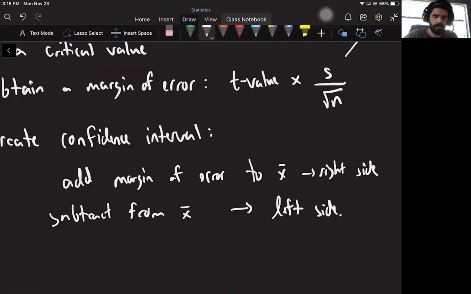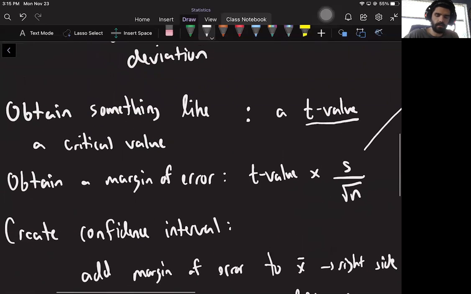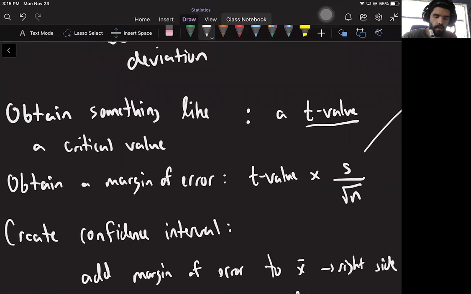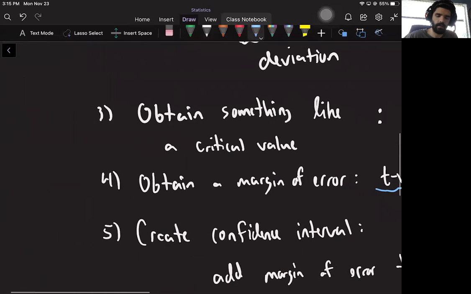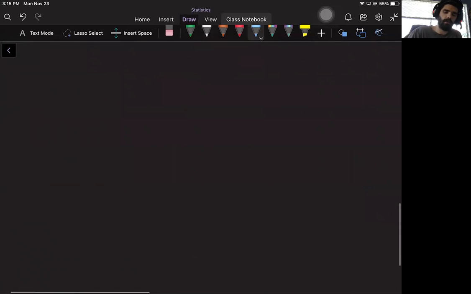So it's a very similar process. What's different is we're talking about some other normal distribution type thing that involves t-values instead of z-scores. Okay, so that's what we're going to dive into now before we do a real example, just to get the idea of the theory down.